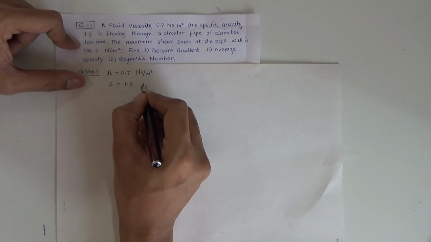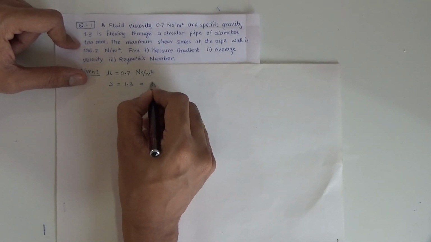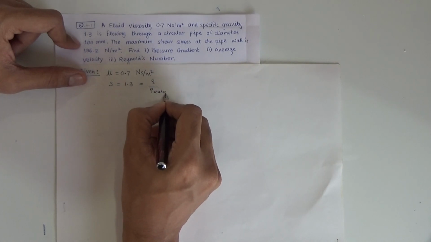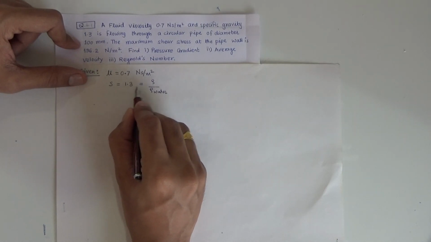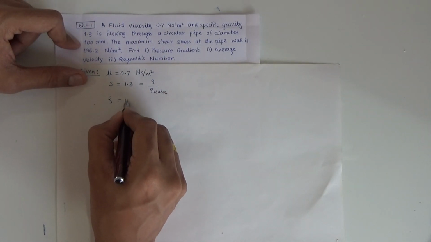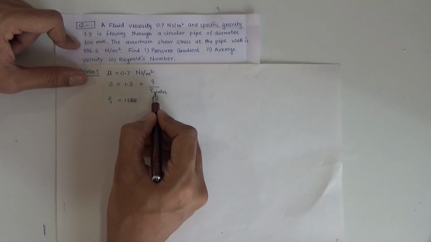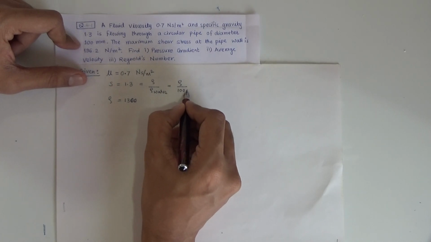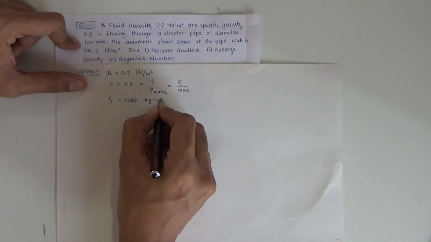It directly indicates that density is 1300, because we know that specific gravity is the density of the given substance upon the density of the standard substance, that is water, and we know that the density of water is 1000. So if I multiply this 1000 with 1.3, I will get the density of the given substance, which is 1300 kg per meter cube.